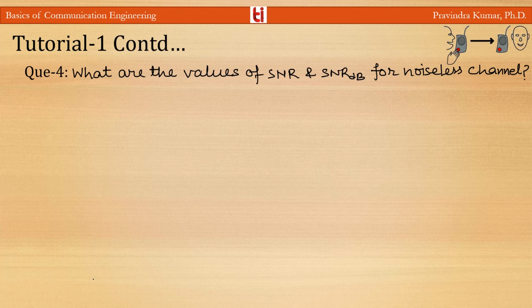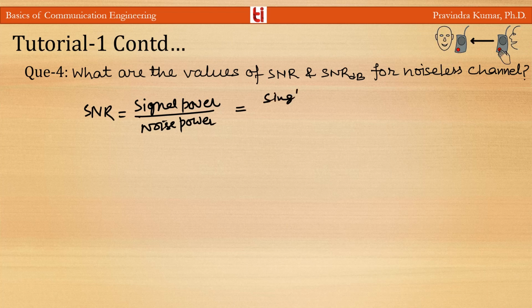Now the next question is: what are the values of SNR and SNR in dB for a noiseless channel? You know, SNR is signal power over noise power. Here the noise is zero, so it is signal power over zero, which is infinity.